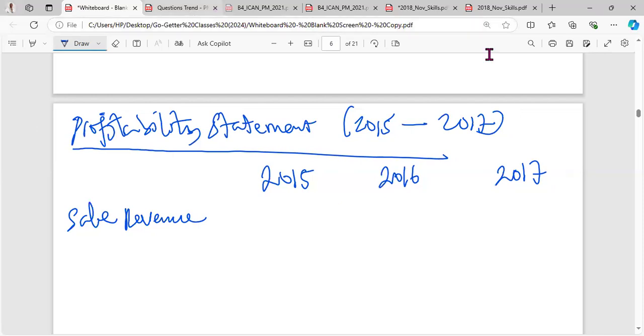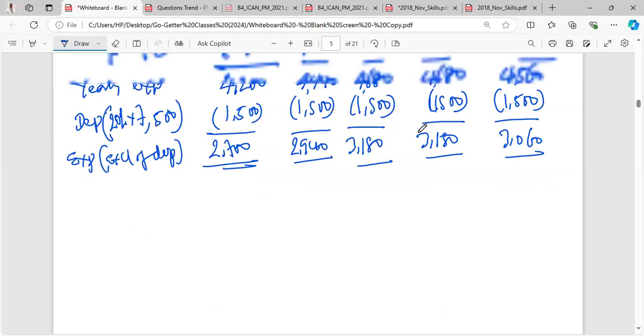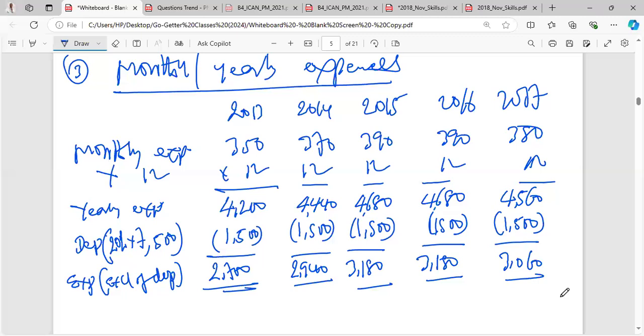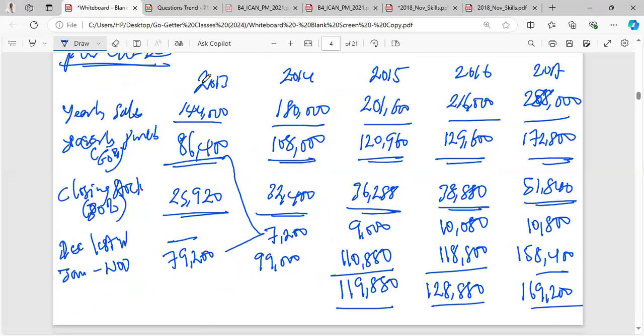But what I will tell you about the profitability statement is you need to take your sales revenue. Then when it comes to cost of sales, all you need to do is bring your opening stock, which you don't have. Opening stock for 2015 will be the closing stock for 2014.